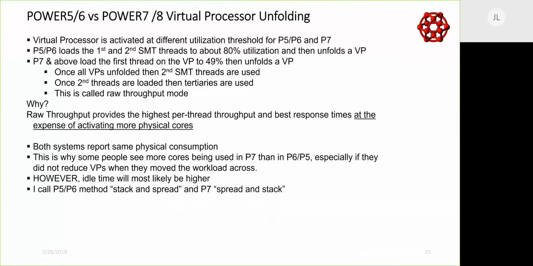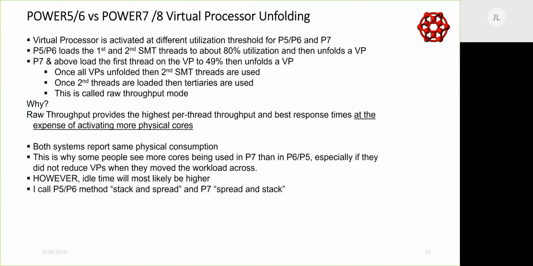Now, one of the other things that changed with Power 7 and above is the way virtual processor unfolding worked. What used to happen was if you were using a virtual processor and the system wasn't particularly busy, let's say you had 4 virtual processors and you were really only using the equivalent of 1 core, it would fold 3 of the virtual processors if they weren't being used.